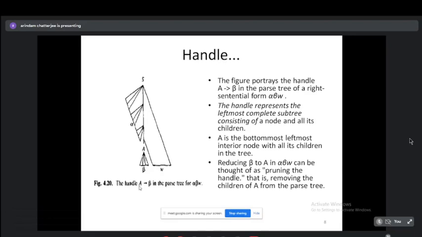Pruned means basically reduced, you can say, pruned off all its branches to the root node, which is A. So after the handle is applied, you won't have beta, but you will have alpha followed by capital A followed by W. Now capital A is just a single non-terminal symbol. So you can say that the whole of beta, the substring, is pruned to a single non-terminal capital A. So all the children of A are removed from the parse tree.